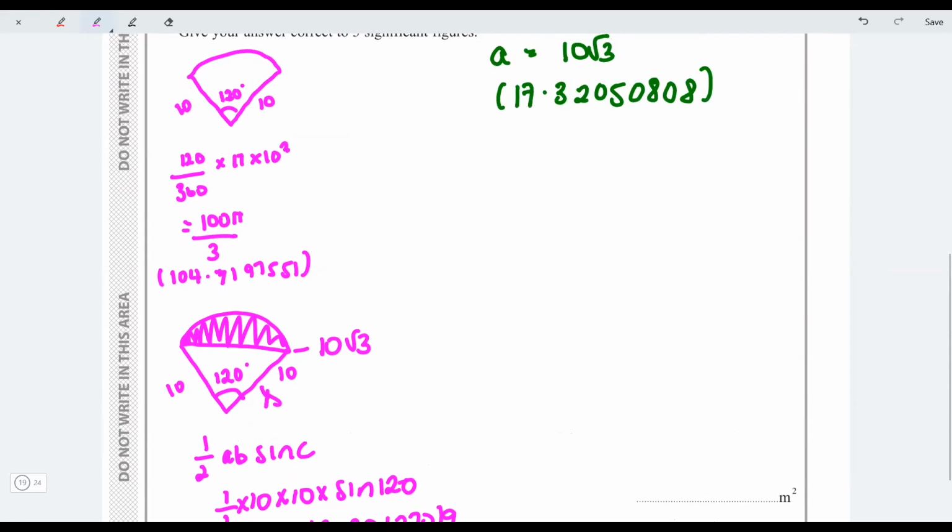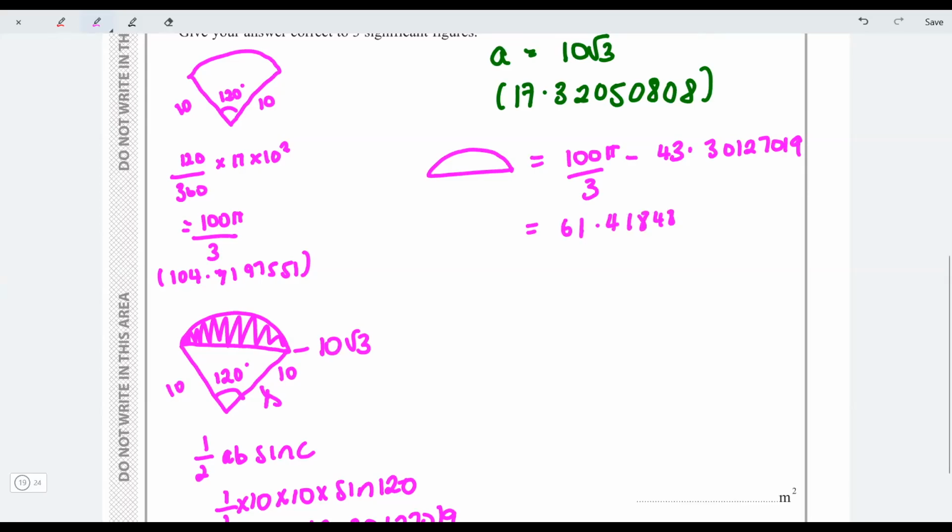Right, if I want the little bit here, which is that bit, I've got to do the full thing, which is 100 pi over 3, take away the bit that I've just worked out, which is 43.30127019. Take them away from each other, and I'm left with 61.41848491.